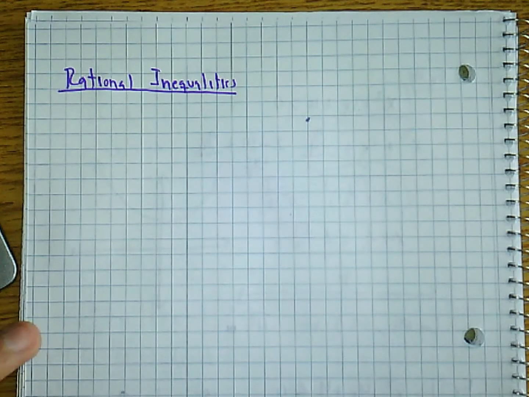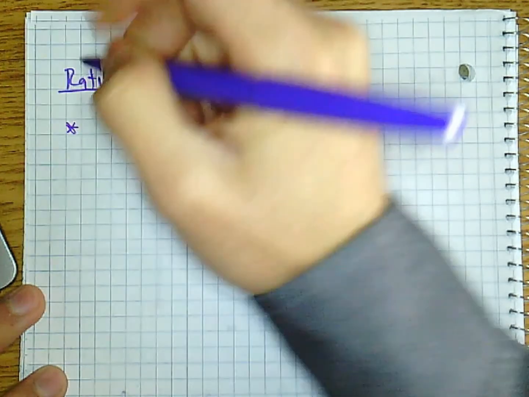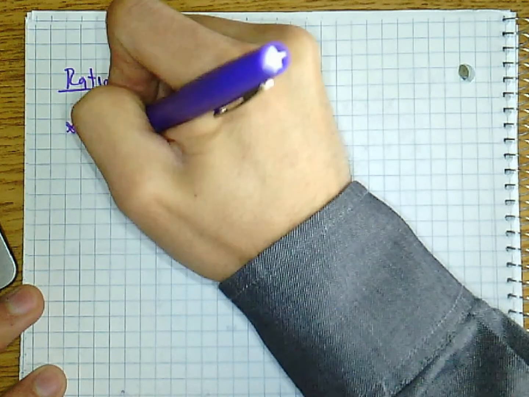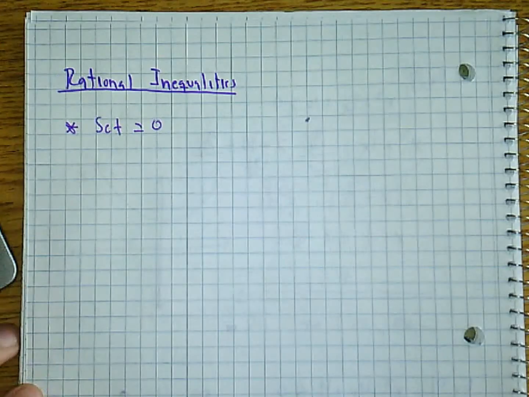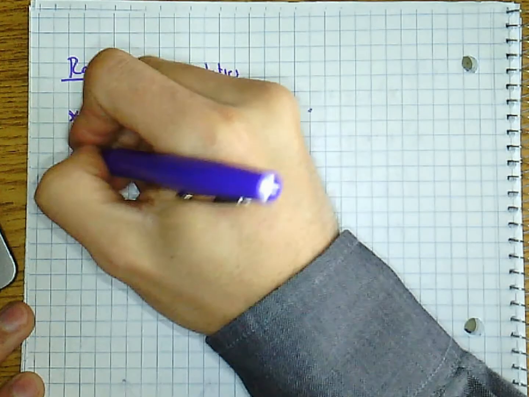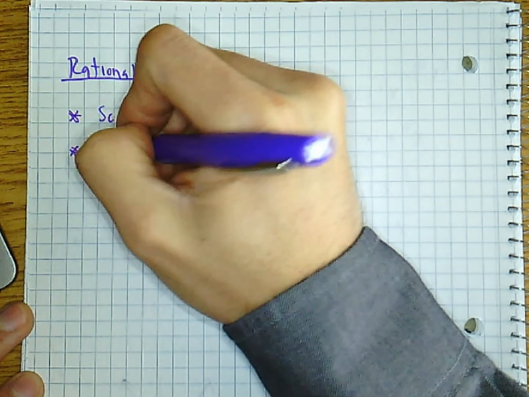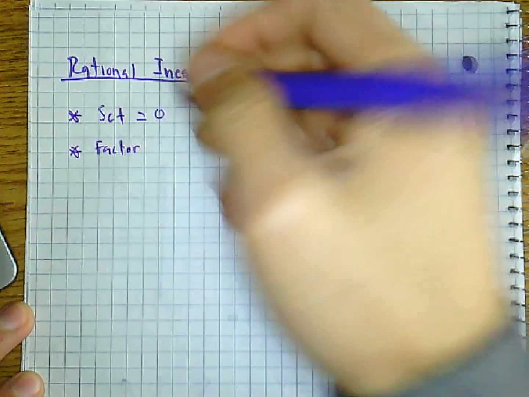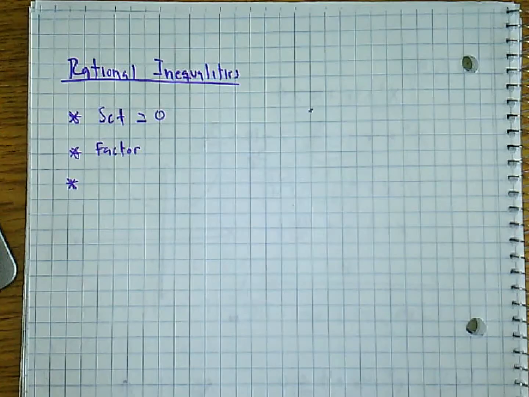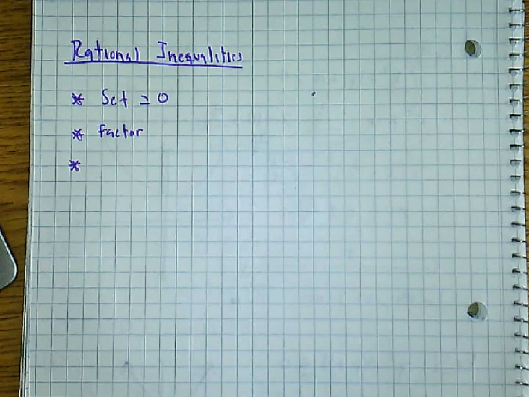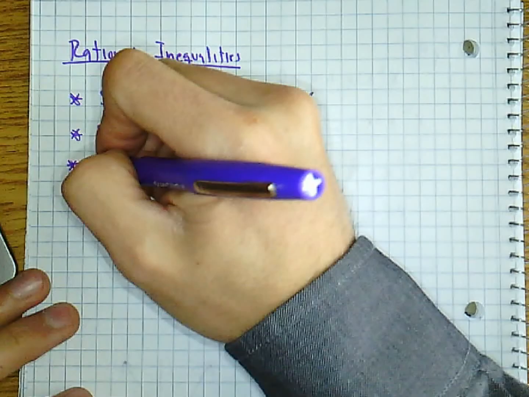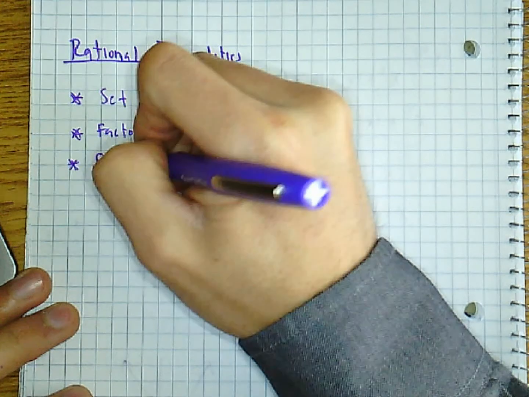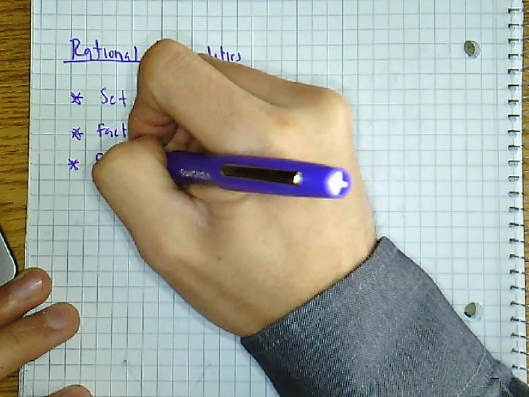Number 1 is going to be to set equal to 0. Number 2 is still to factor. But number 3 is going to be a little different. So for polynomials, we would just find the zeros. But for rational inequalities, you're going to find your zeros, your vertical asymptotes, and your holes.